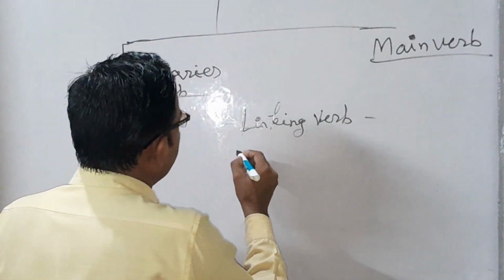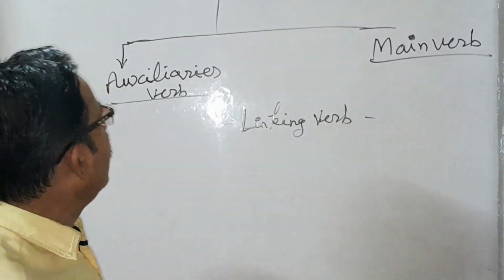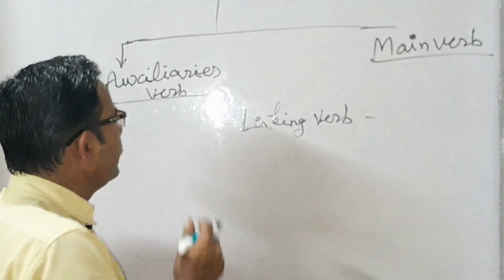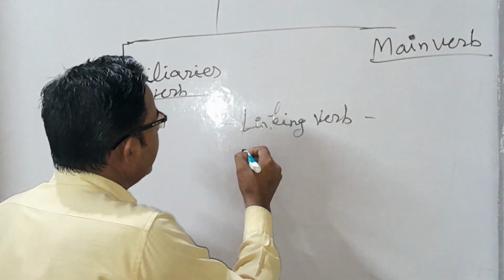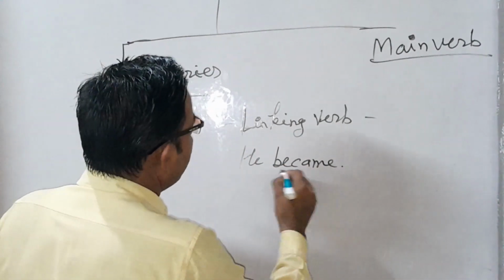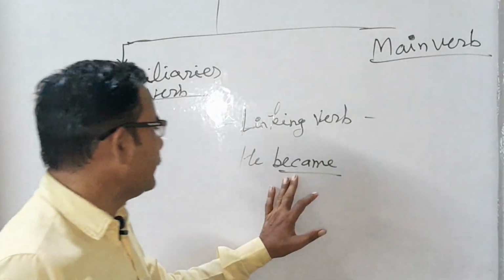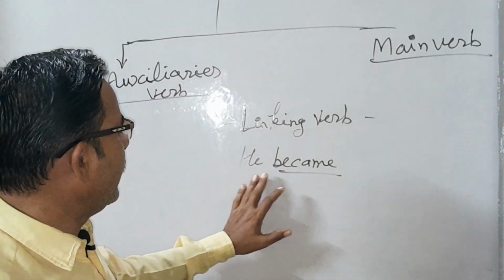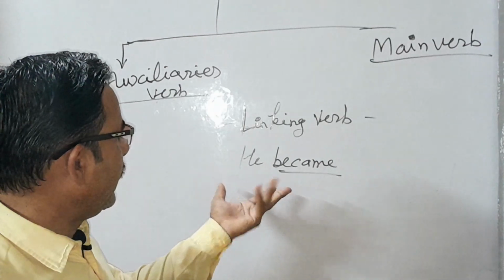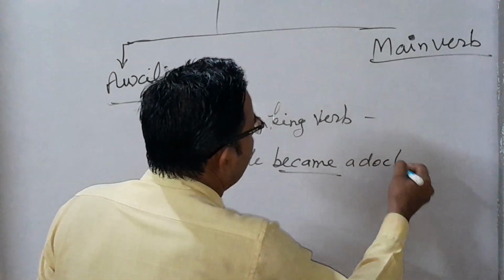A linking verb is a verb that does not make complete sense. Just like he became, still the sentence is incomplete, out of sense. He became.